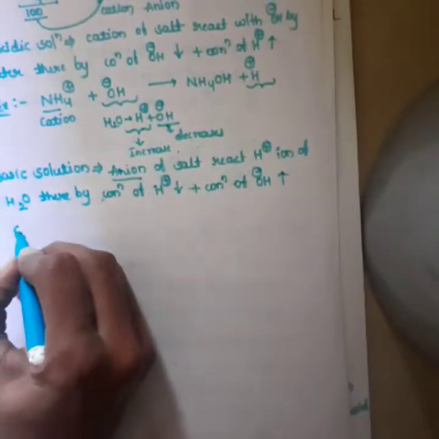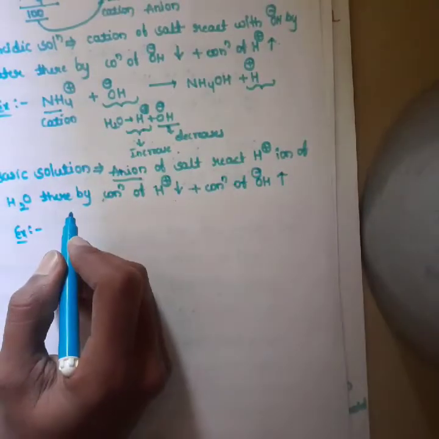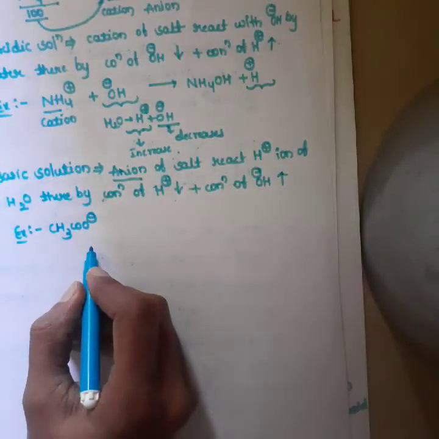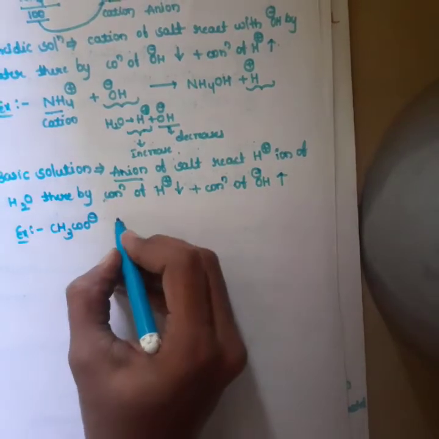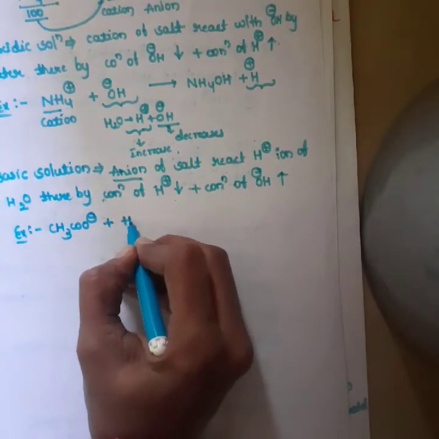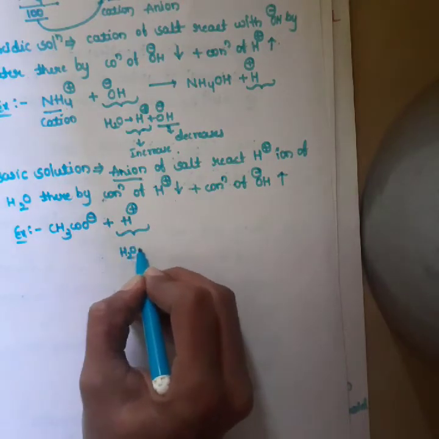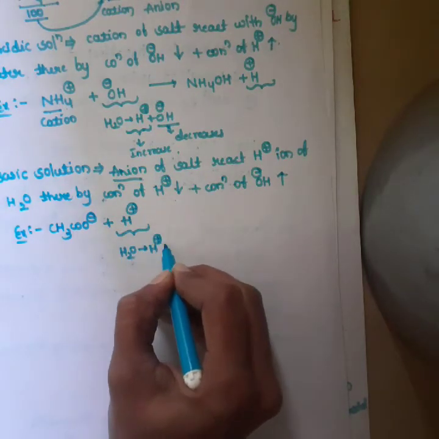Consider one example. CH3COO minus is the anion of salt. It reacts with H plus of water, which comes from water. H2O gives H plus and OH minus.